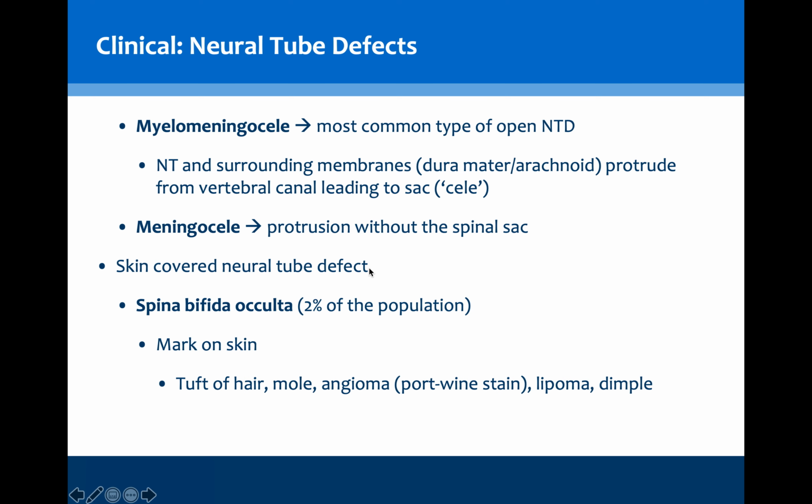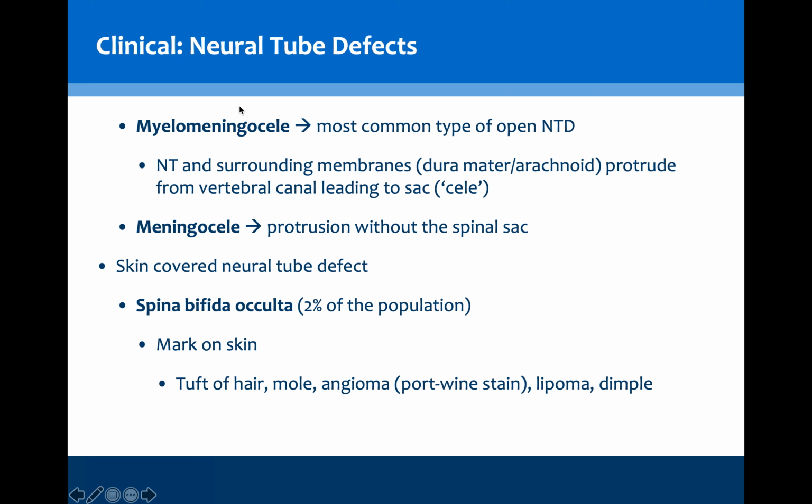But then the more common types of open neural tube defects, these are defects that you see clinically at birth. So there's a myelomeningocele. So here, the neural tube and the surrounding membranes, i.e. the dura mater and the arachnoid, protrude, leading to a sac.